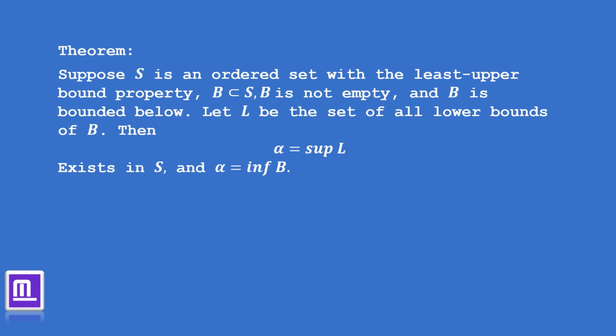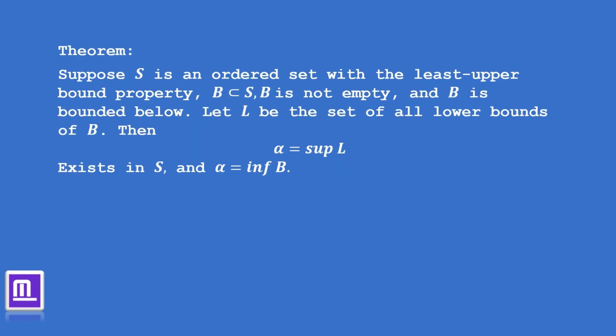Then the supremum of L exists. Okay, the supremum of L exists. This happens whenever B is a non-empty subset of S which is bounded below, and S is an ordered set with the least upper bound property.